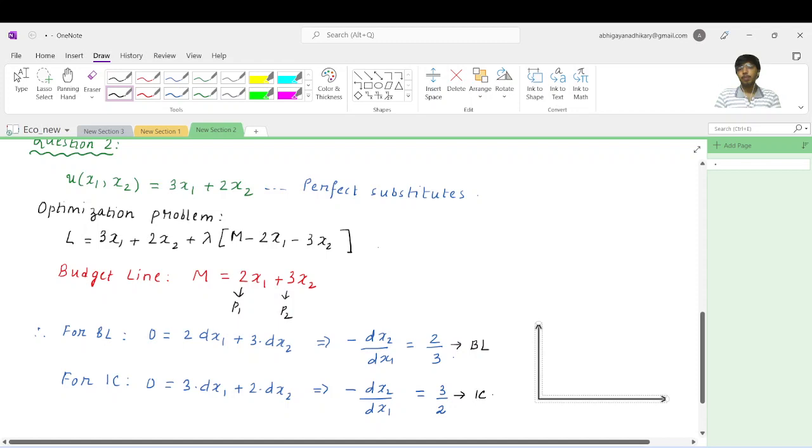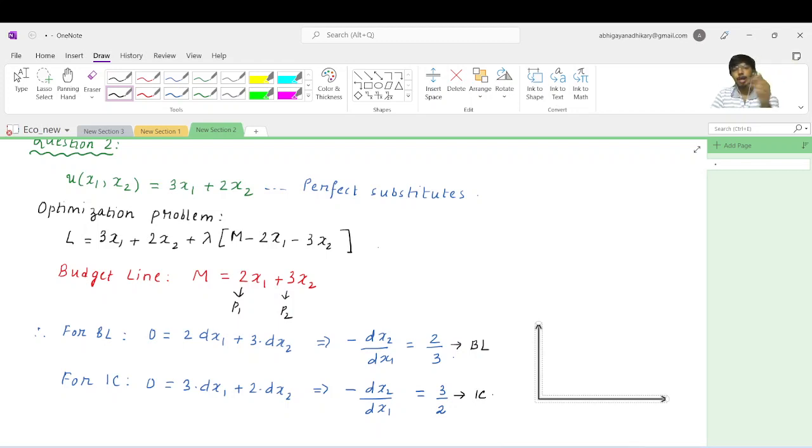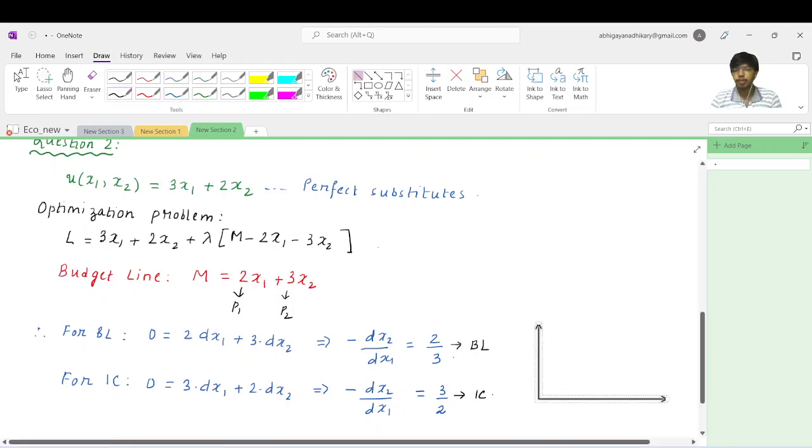So what do we see over here? The indifference curves for this kind of utility function are actually straight lines. We already know that. And in this case, they will be steeper than the budget line. So firstly, let me just draw a budget line arbitrarily.